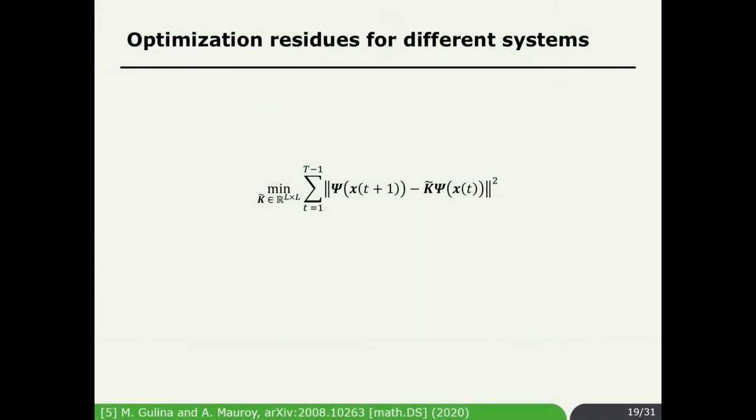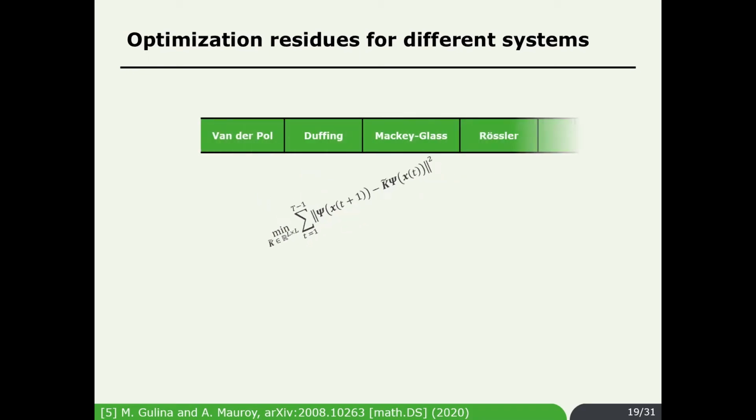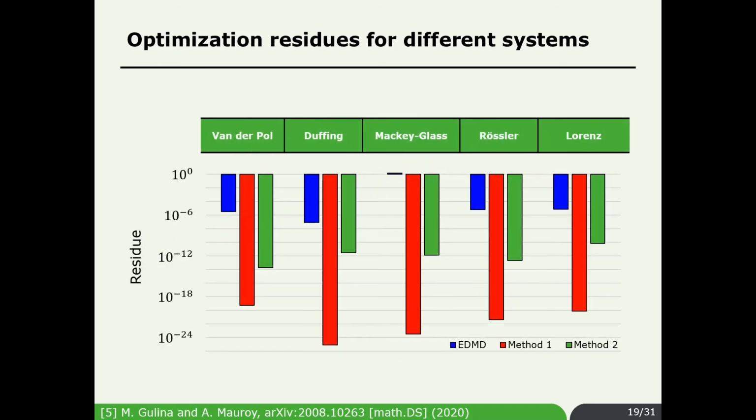This is our optimization problem. After applying our two methods and the classical EDMD with Gaussian radial basis functions, we can plot the obtained optimization residue for the 5 different systems we considered.